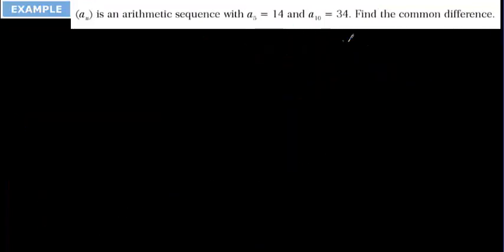Okay, this is again with the same logic. Find the common difference. an is equal to ap plus n minus p times d, and if you remember, when p is equal to 1 it's n minus 1 times d. A10 is equal to A5 plus 10 minus 5 times d.